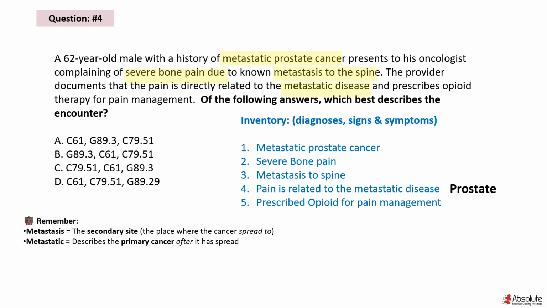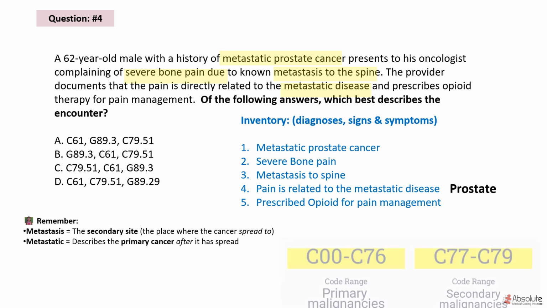Remember, we said earlier, metastasis is the secondary cancer, and we refer to the primary site as metastatic after it has spread. All right, coders, make sure you remember that. So prostate cancer will be our first listed code.